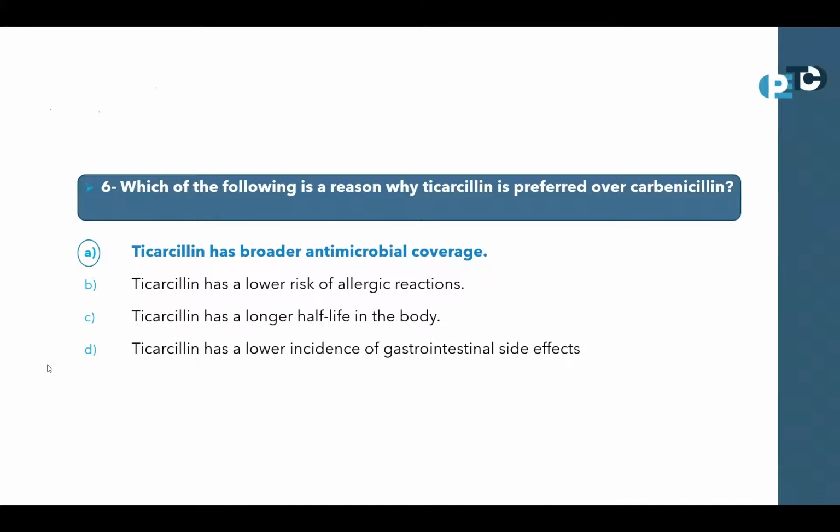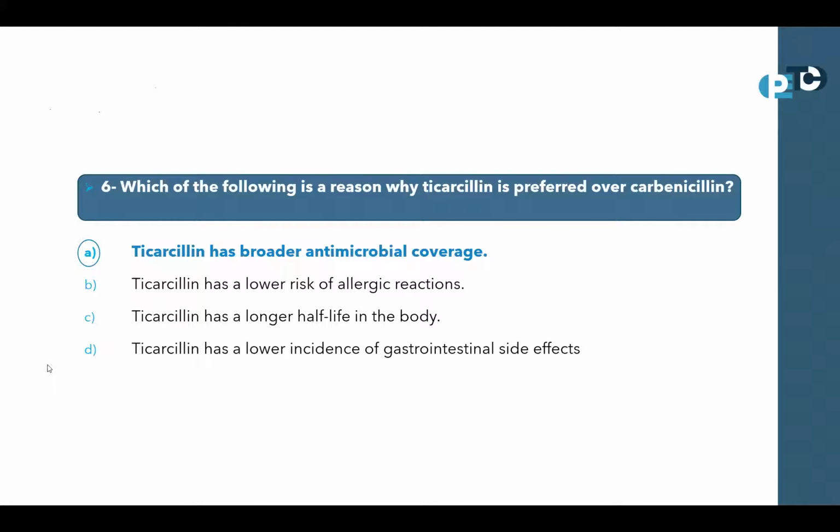So it is considered as one of the anti-pseudomonal drugs, while carbapenem, on the other hand, has limited activity against gram-negative organisms and is mainly used against certain gram-positive bacteria. While allergic reactions can occur with any penicillin antibiotic, there is no evidence to suggest that ticarcillin has a lower risk of allergic reactions compared to carbapenem.